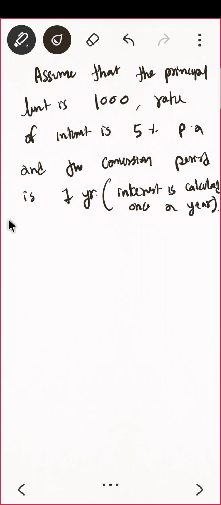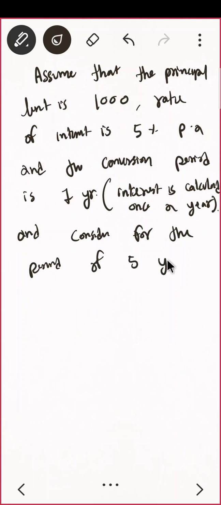Okay. And consider for the period of 5 years. Okay. So what do you see here? What is principal? 1,000 rupees. And what is rate? That is 5%.